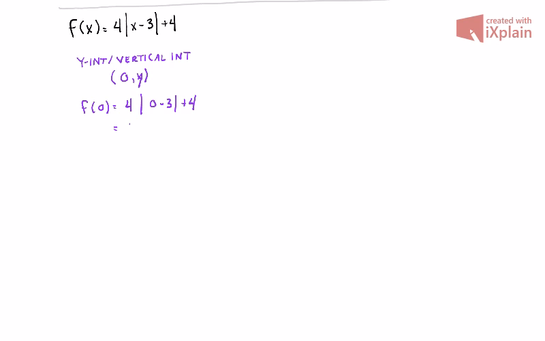We will have 4 times the absolute value of negative 3. Then we take the absolute value to get 4 times positive 3. Using our order of operations, we continue and do the multiplication. So now we have 12 plus 4. And we wrap this up and say, well, my y-intercept is at (0, 16) for this particular function.